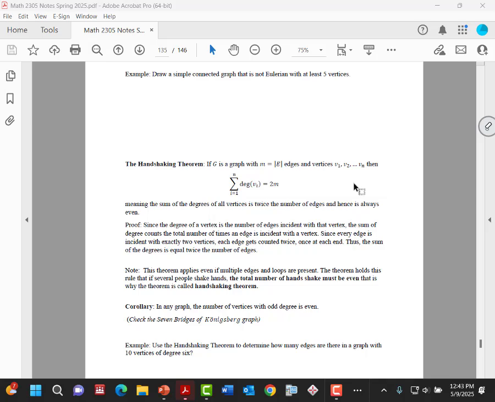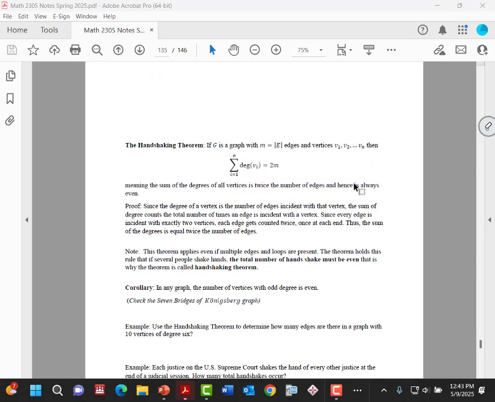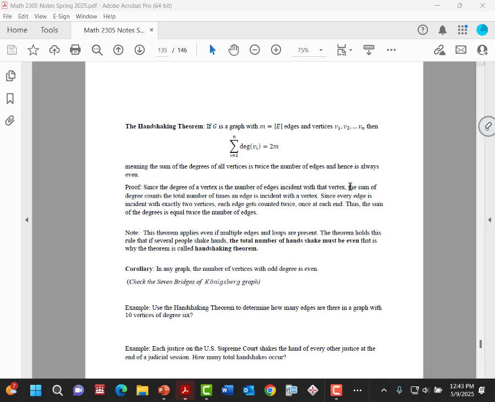Okay, let's slide down here and briefly discuss the handshaking theorem. And I think we might have briefly touched on the handshaking theorem off and on throughout the course, but here we see it again. If G is a graph with m edges and vertices v1 to vn, then the sum of the degrees of all the vertices is equal to twice the number of edges.